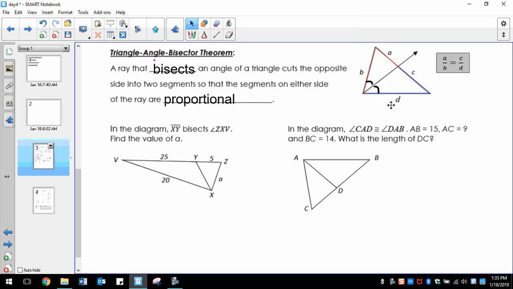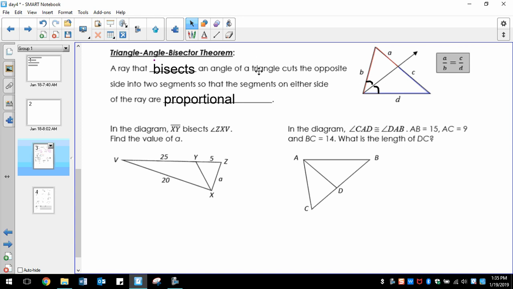If the directions say that a ray is a bisector, or you already have markings in the picture that this angle is congruent to this angle, that's the only time that you can use this rule. This is not similarity. We can't guarantee that this triangle created right here is similar to this one, or that they're similar to the full triangle. We don't know that. We don't have enough information.